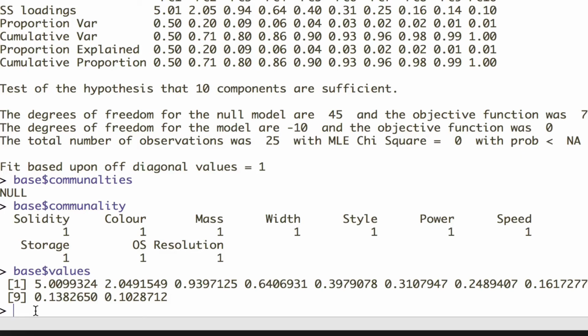Another way you can look at this is to plot them in what's called a Scree Plot, and like I said, if you have above 250 participants, this can be very, very useful. So we want to plot something from our base, and we want to plot these values.